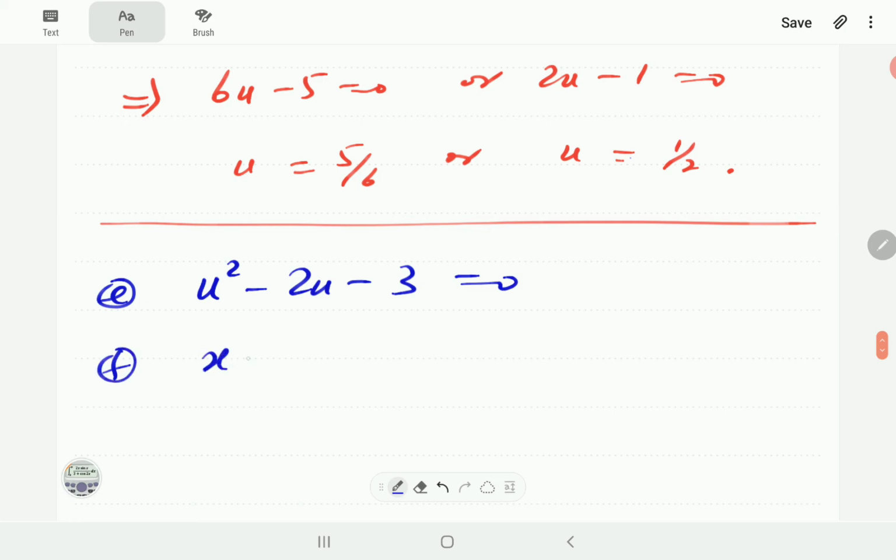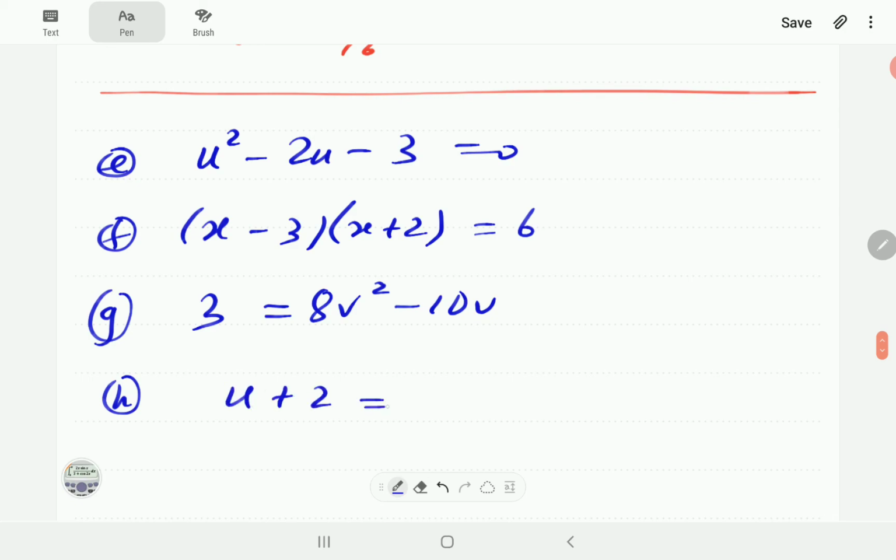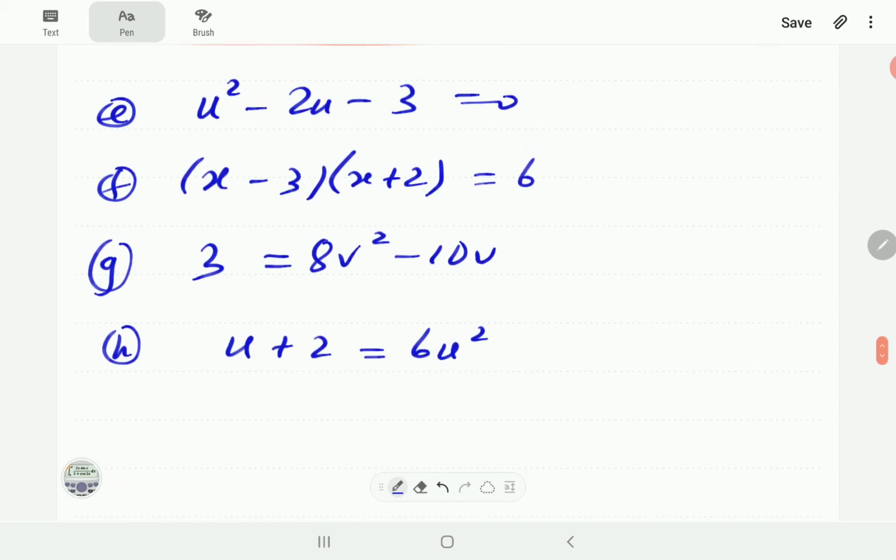F, x minus 3, x plus 2 equal to 6. G, 3 is equal to 8v squared minus 10v. H, u plus 2 is equal to 6u squared. So just have a go at those ones, pause the video, and then we will show you our answers in what follows.